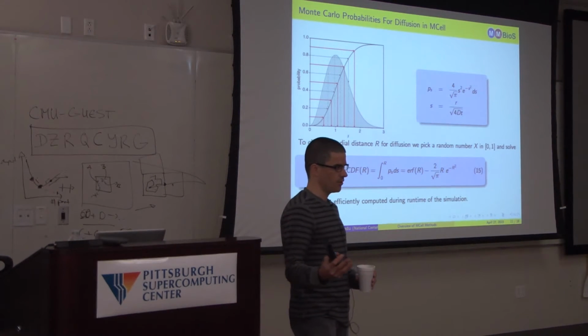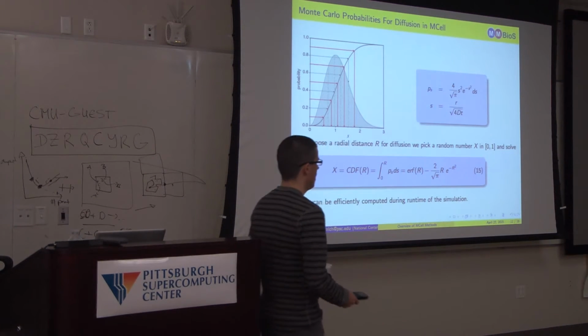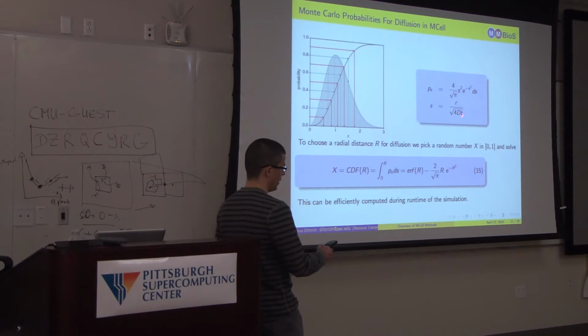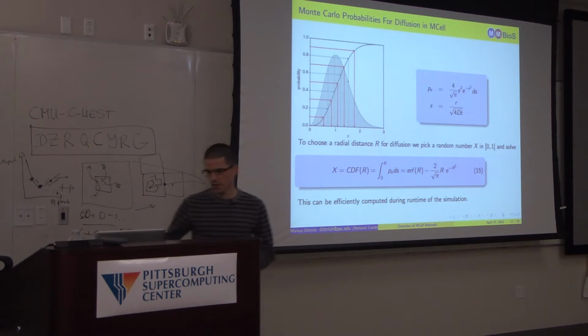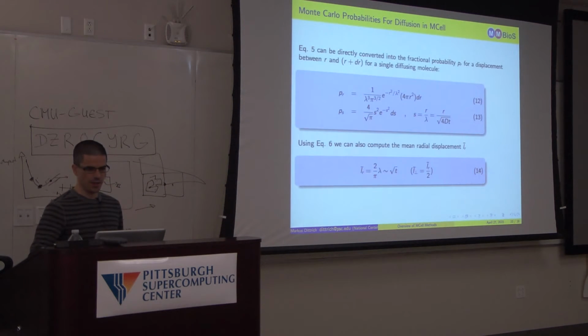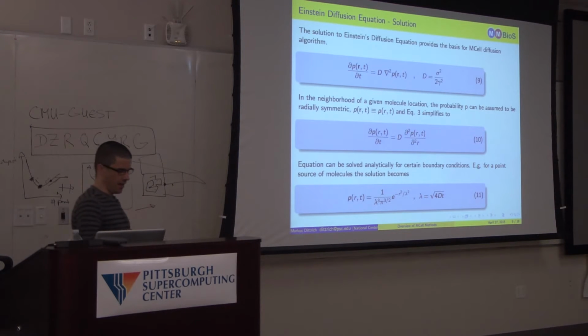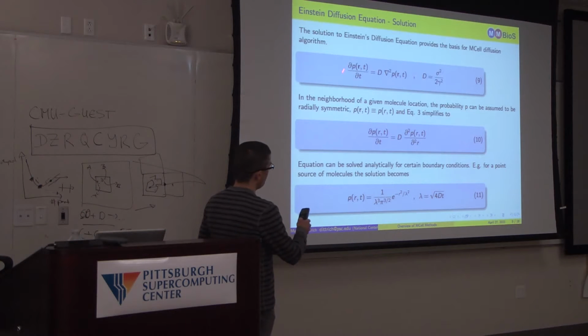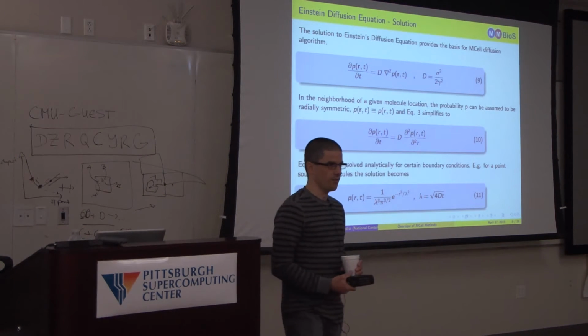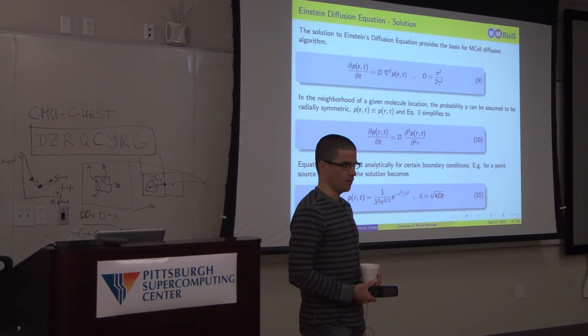The larger the diffusion coefficient, the larger the steps. It also depends on your delta t, your time step in the simulation. But by the end of the day, what we do in MCell is that we have a numerically fairly efficient algorithm that more or less samples this Einstein diffusion equation for the probabilities of particle locations. So that's what we do.